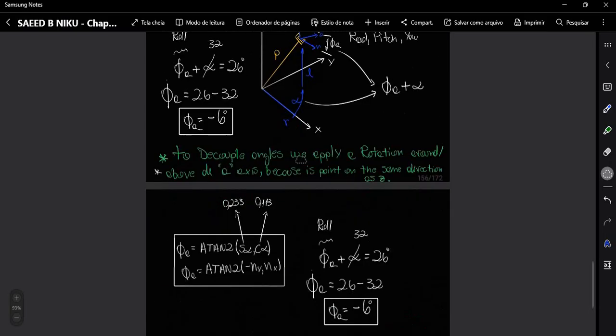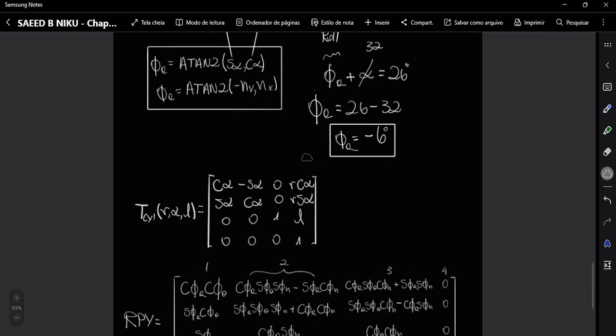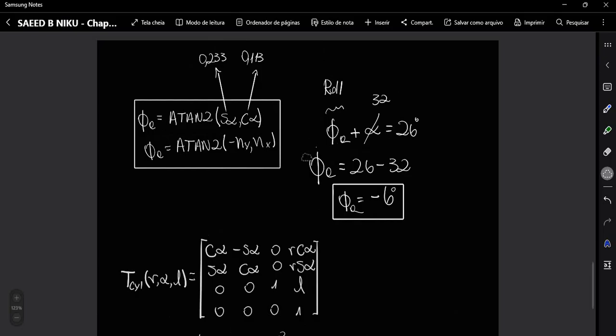And let me see. We have used these components inverted. Right here I'm doing cosine and sine, and right here we got sine and cosine. But let's see.